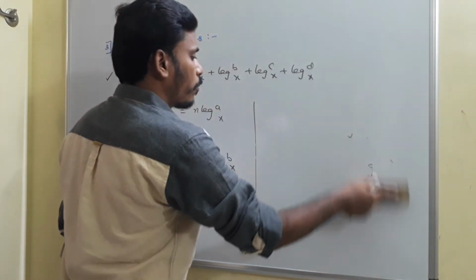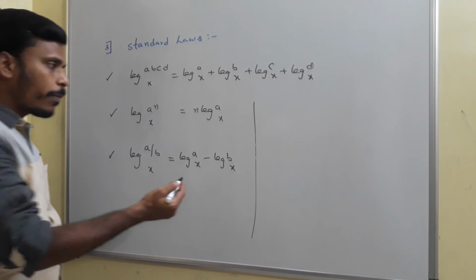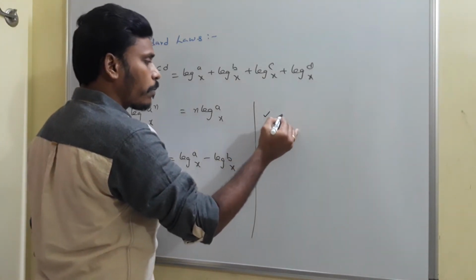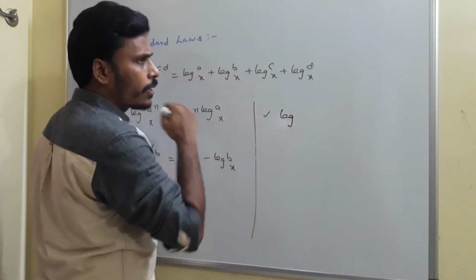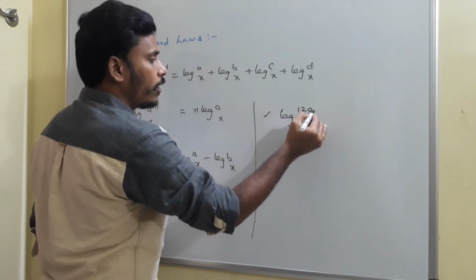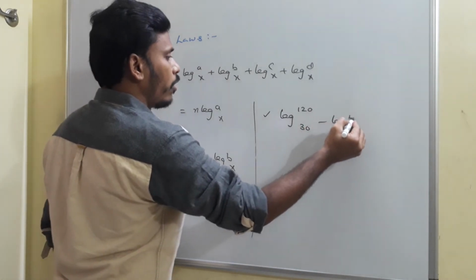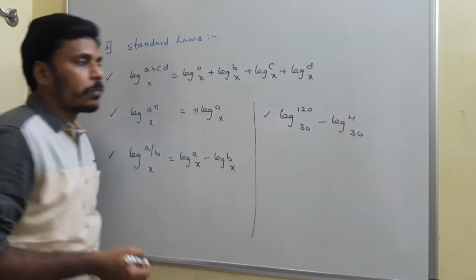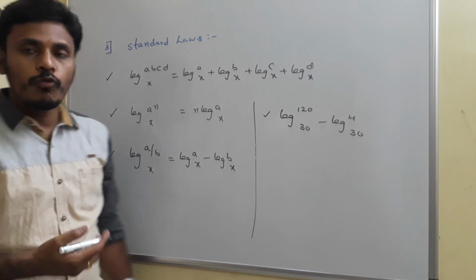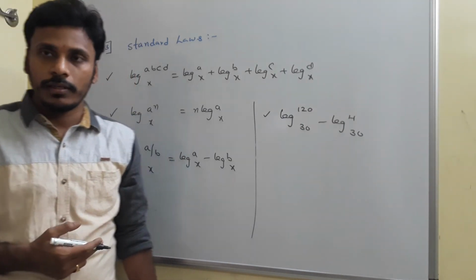And for suppose, how to use this logarithm of a by b base x is equal to log a base x minus log b base x. For suppose I have a problem something like logarithm of 120 base 30 minus logarithm of 4 base 30. I need to find the value of this.